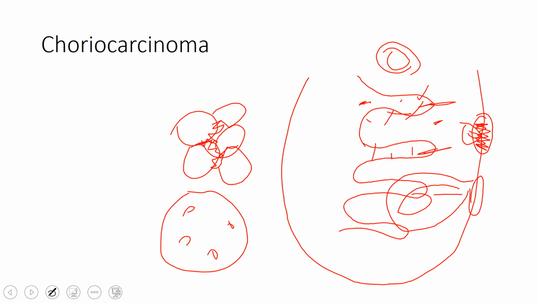This one spreads throughout the blood early on. That's bad. And what is going to be increased? Well, if you remember, it's the placenta that makes beta-HCG. That's how you can tell if the woman is pregnant. And so the choriocarcinoma is going to have elevated beta-HCG.